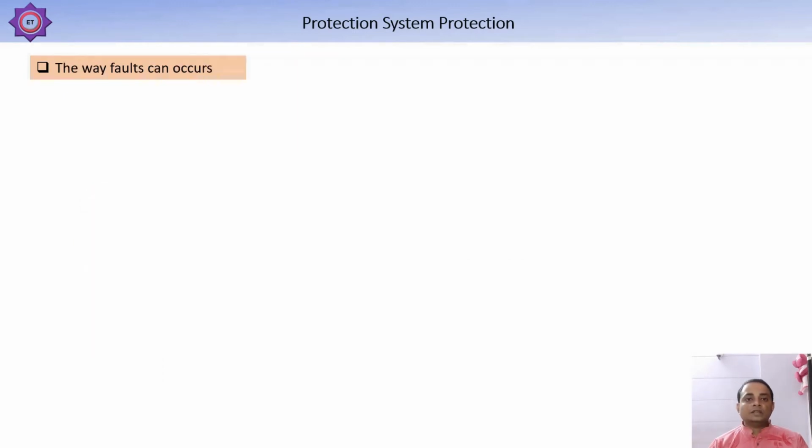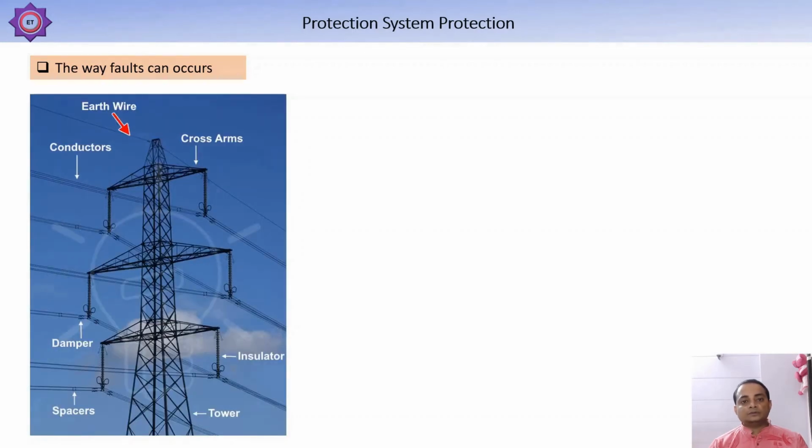Now we see the ways faults can occur. It is a simple transmission tower in which this one is a cross arm, the topmost conductor is known as the earth wire, and these are our main conductors which transmit the power. These are known as insulators, and each disc of an insulator may bear 11 kV.